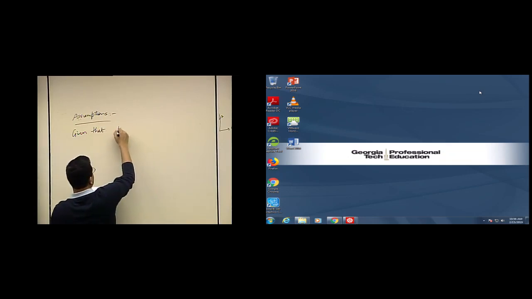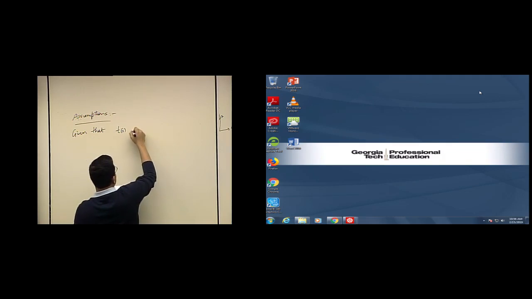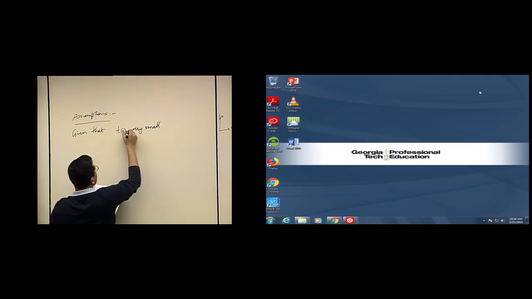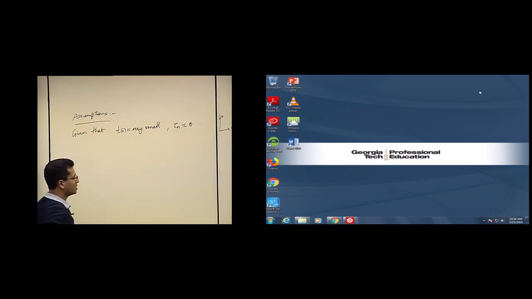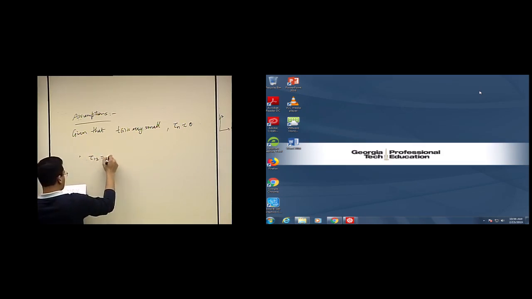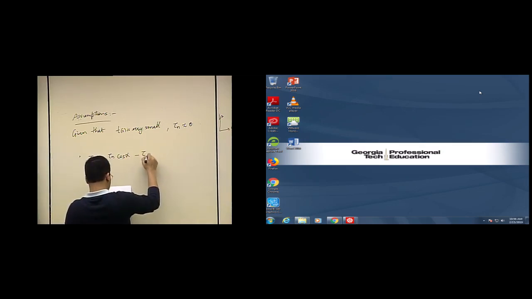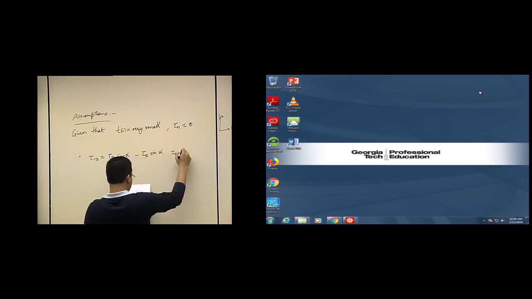So given that the thickness T is very small, tau n is almost close to 0 because of the reciprocity condition we have. So tau 1 2 is equal to tau n cosine alpha minus tau s sine alpha, and that will be equal to minus tau s sine alpha.